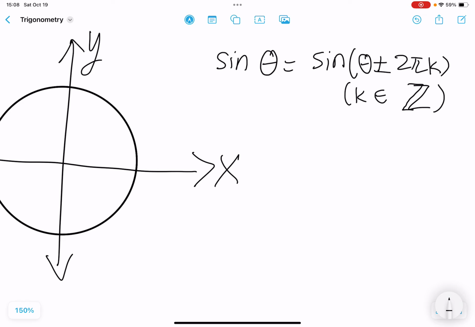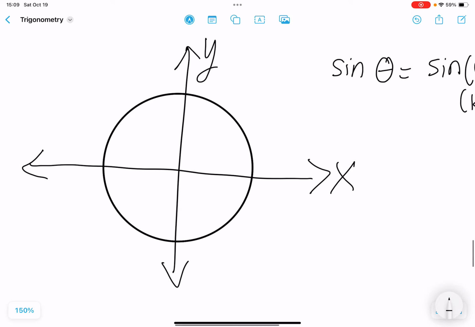So why is this true? What does this mean firstly? It means that sine theta is equal to sine of the angle theta plus or minus any multiple of 2 pi, or any multiple of 360 degrees.